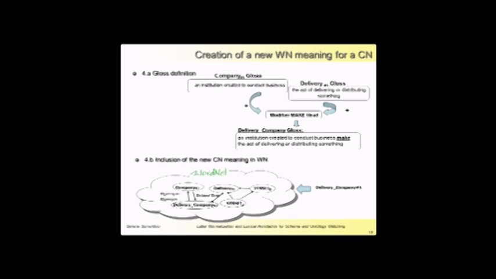Finally, we are going to include the new meaning, the new gloss, within the WordNet hierarchy. In particular, we create a hypernym and the opposite hyponym relationship between the new meaning and the meaning of the head, and a related term relationship between the new meaning and the meaning of the modifier.